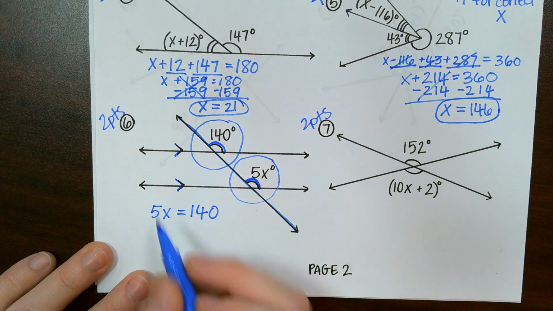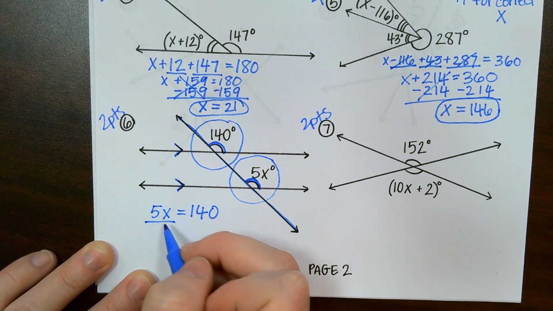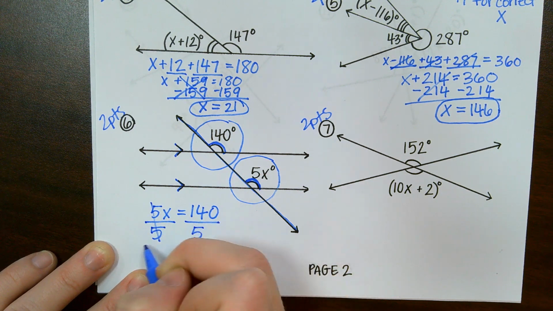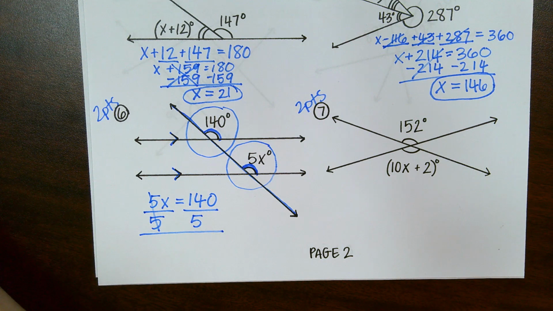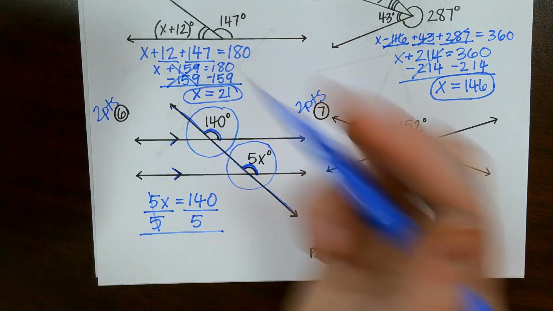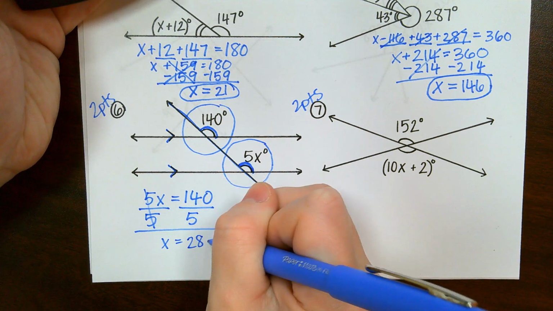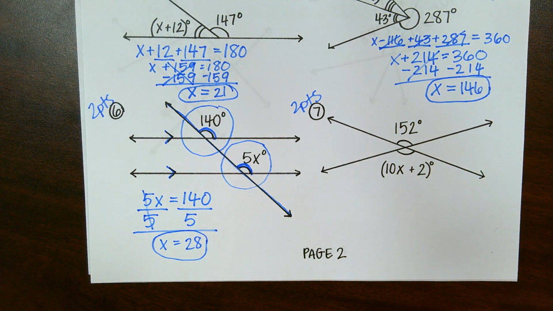Now to solve for x, I just need to do the opposite here. I have 5 times x, so I'll divide by 5, both sides. 140 divided by 5 is 28. And that's my answer.